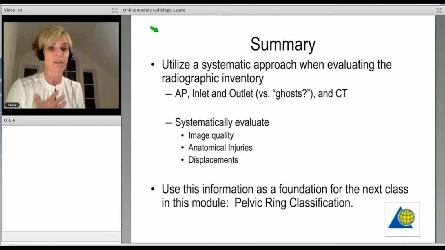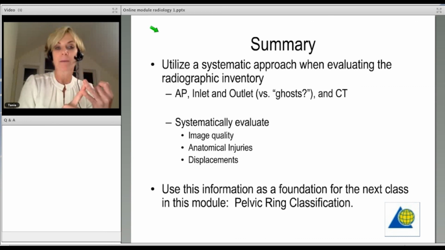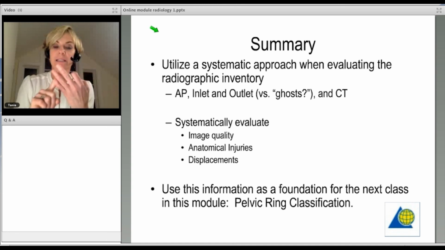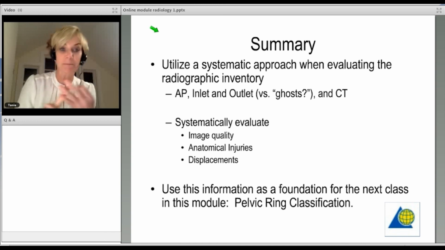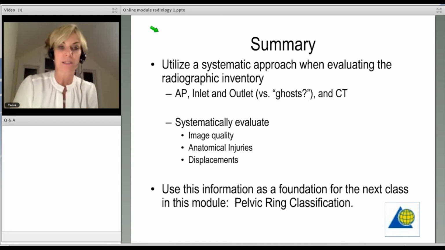My systematic evaluation follows the same profile every time. Image quality, what anatomical injuries have been sustained, and then I try to make some understanding of the displacement of the affected hemipelvis or fragments of the pelvis as best I can, utilizing the methods I taught you.